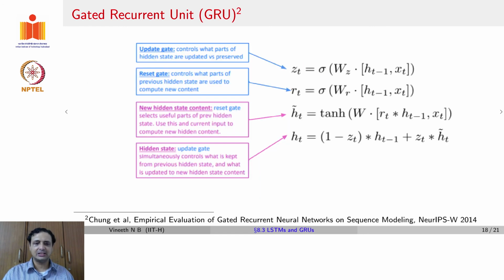Let's see this in some more detail. In this GRU, you have only 2 gates instead of an input gate, a forget gate and an output gate. These gates are called an update gate and a reset gate. These look exactly the same as any other gates that we saw with an LSTM.